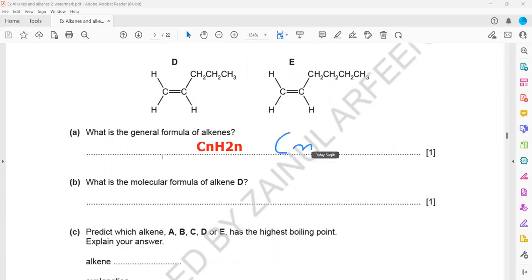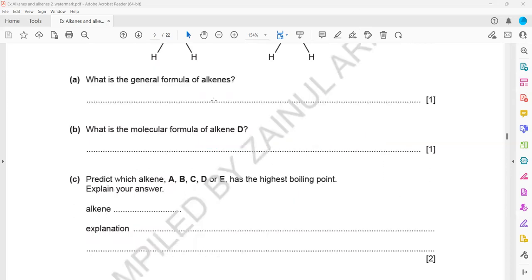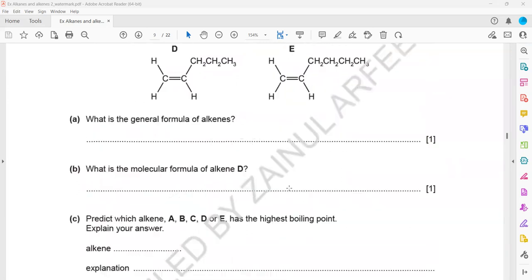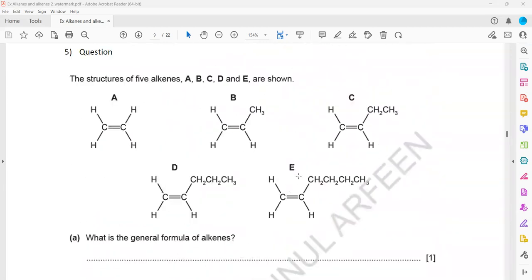What is the molecular formula of alkene D? Molecular formula means the actual number of atoms. C5H10. You can count, or you can just understand from the general formula that the number of hydrogens should be twice the carbons. Then predict which alkene will have the highest boiling point. E, because it has the most carbon atoms.